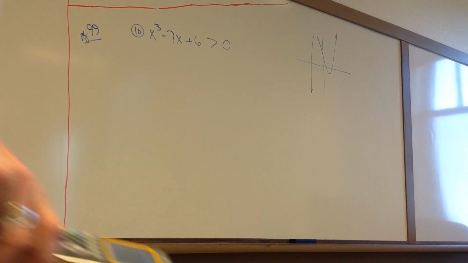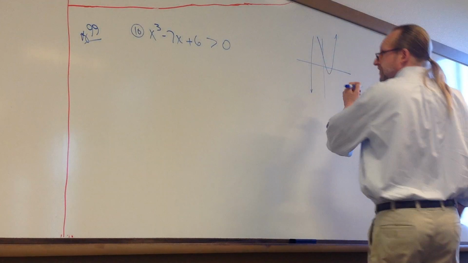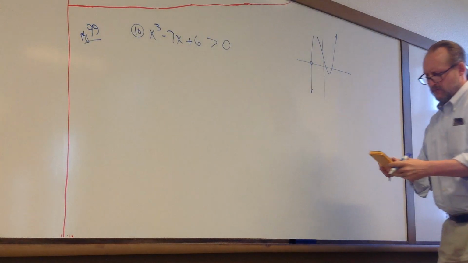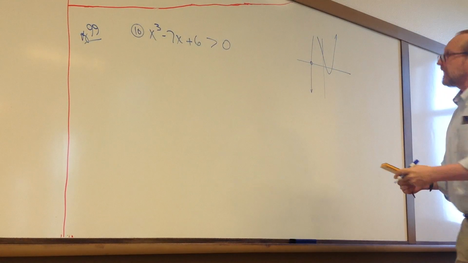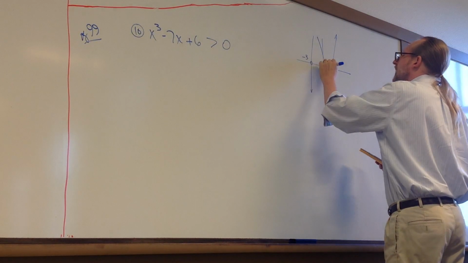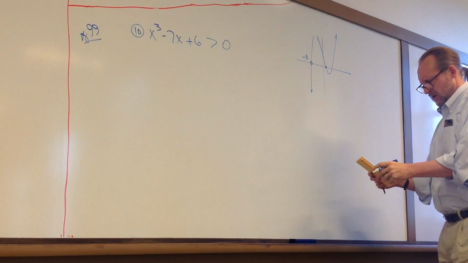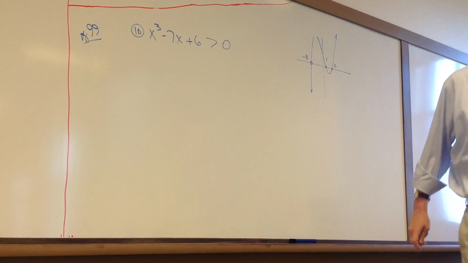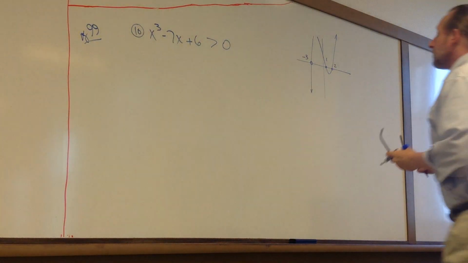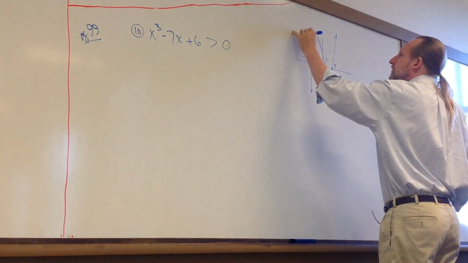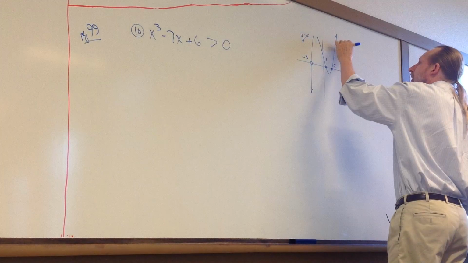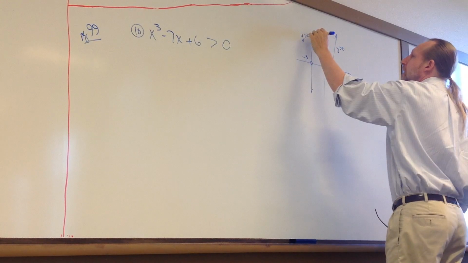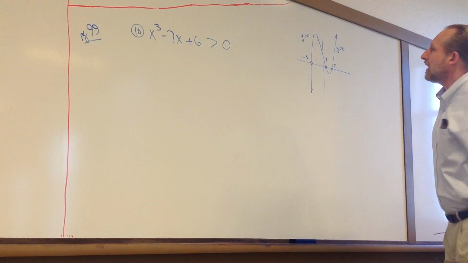Okay? And so we don't have to go through that process of finding these roots. We can read them off the table if they're whole numbers. So that one's negative 3. This one's positive 1. And this one's positive 2. Okay. So the problem is asking us where is y greater than 0. So right here and right here, this is where the y values are positive.